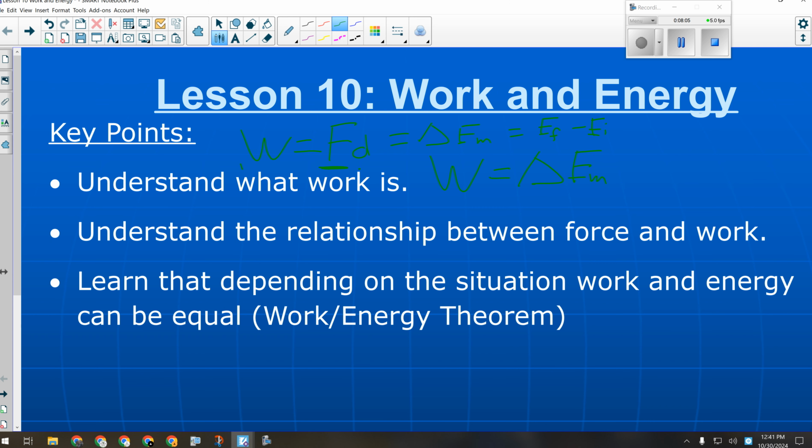If I pull it with 5 newtons worth of force, it accelerates a lot more. Agreed? I change its kinetic energy by more if I pull harder. So the relationship between force and work is direct, or directly proportional. If I double the force, I'm going to double the work, provided the distance stays the same. And then this part here is just the whole work is a change in mechanical energy idea.